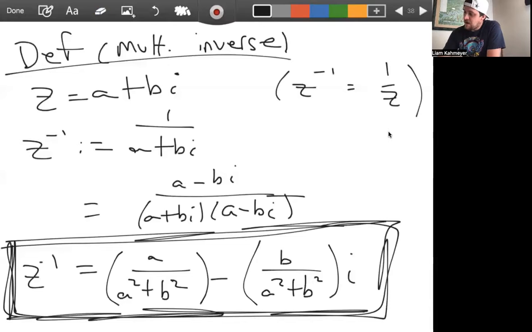The last thing I want to look at for this video, and then I think I'll make maybe a very short second video on complex numbers, is we'll spend the time to look at the polar form of a complex number. But for now, let's just give a quick definition here.